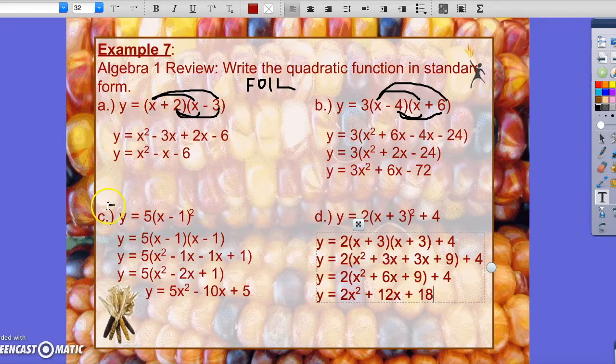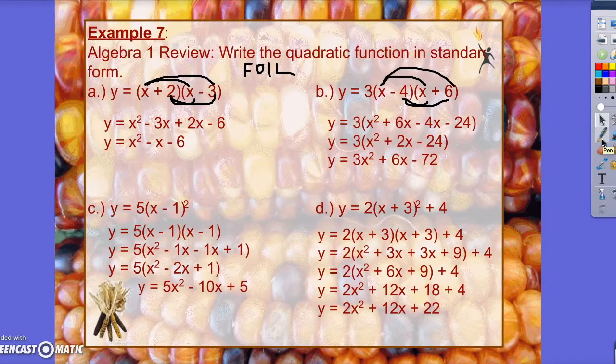And that's from distributing the 2 to everything. And now because I distributed, I don't need parentheses anymore. I could just bring it down to plus 4. And the last step here is we're going to add 18 plus 4. And that is actually my final answer. Y equals 2x squared plus 12x plus 22.